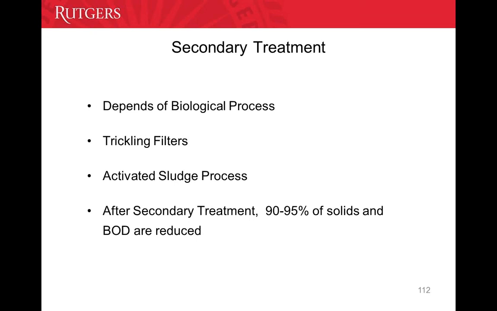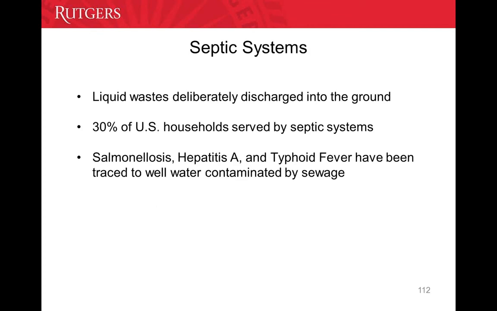We go on to secondary treatment, where we filter and use activated sludge, and we try to further reduce the solids and further reduce the biochemical oxygen demand. In other words, we want to get out the organic matter and clean up the water, take out the solids, and remove the organic material.